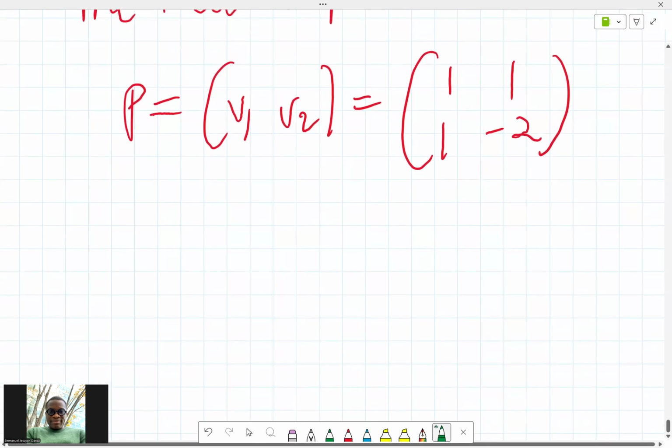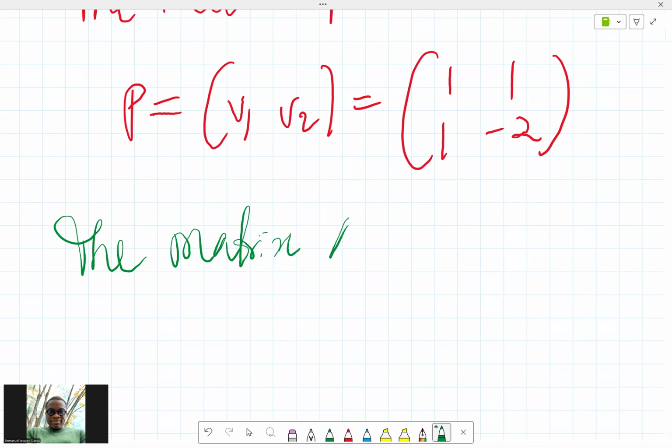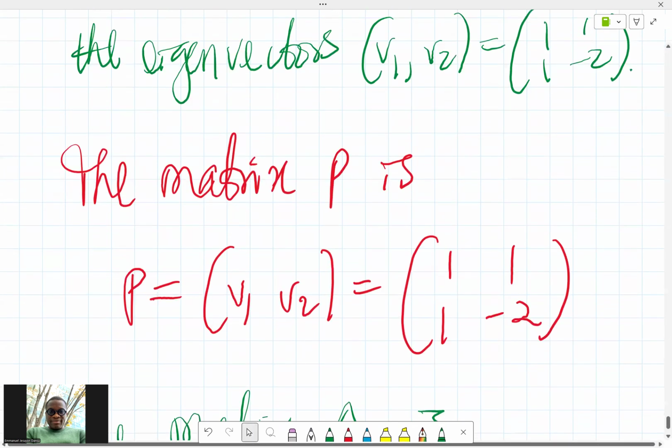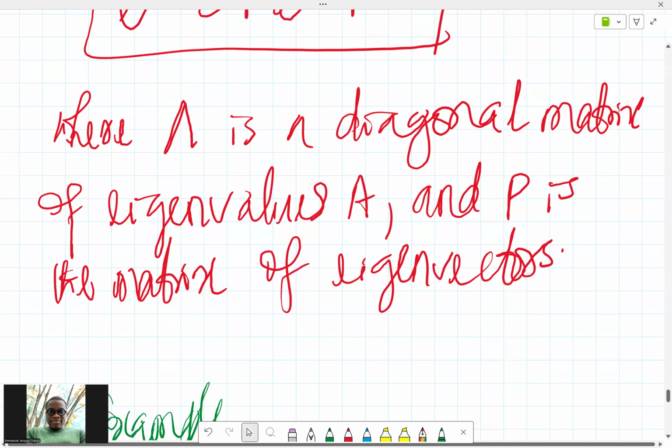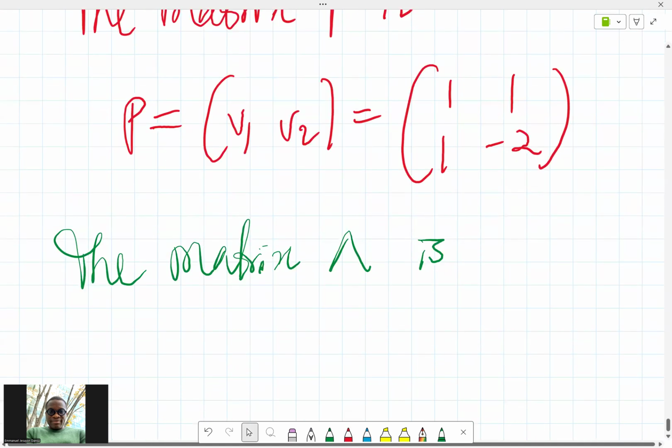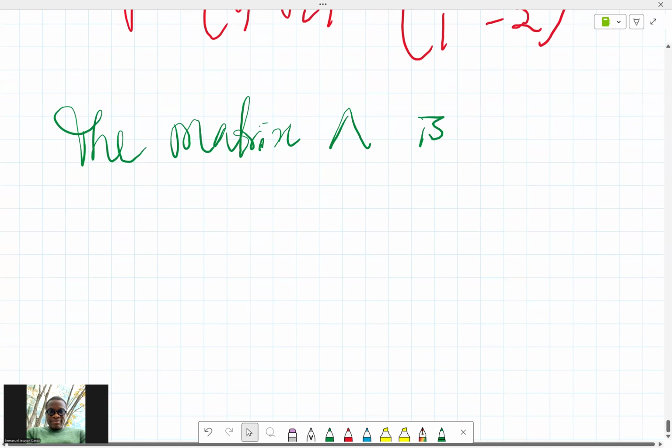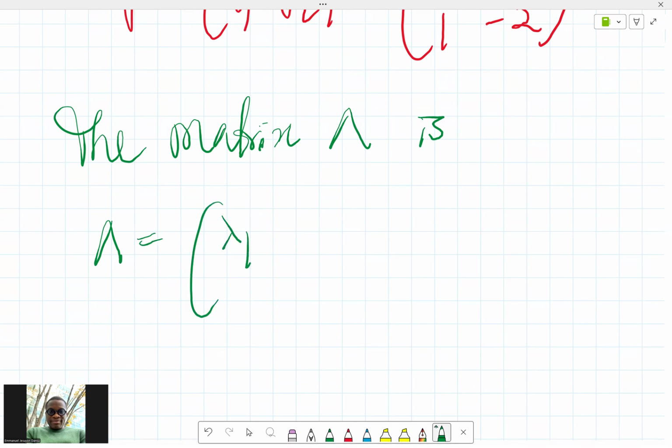On the other hand, the matrix Λ is a diagonal matrix of the eigenvalues, so it equals [λ1 0; 0 λ2].